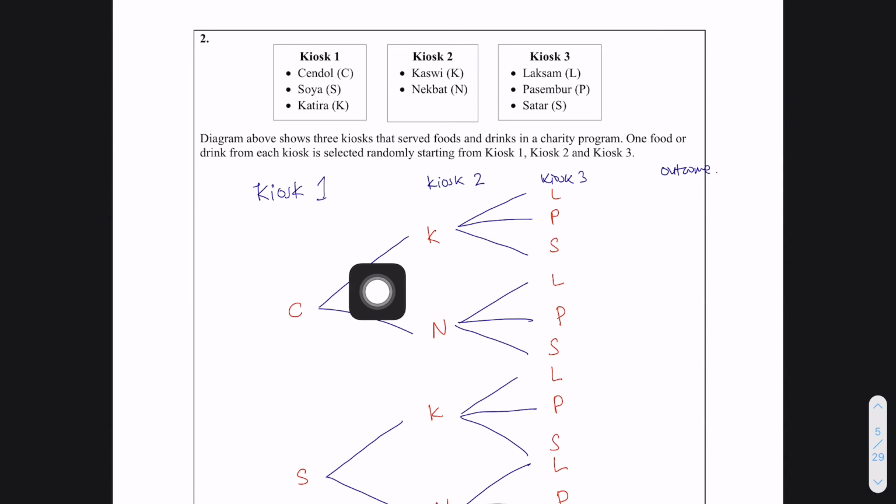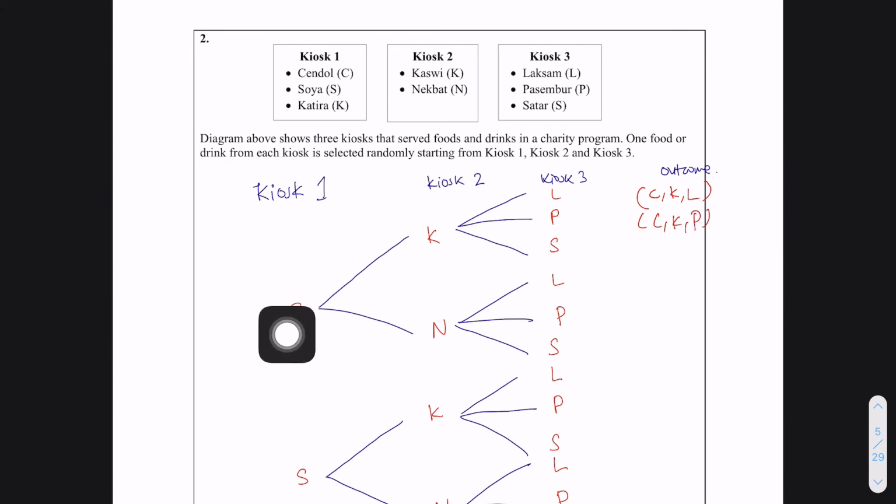You look at one branch by one branch. For example, the first possibility, maybe you choose cendol, kaswi, and laksam. Or you can choose cendol, kaswi, pasembo.